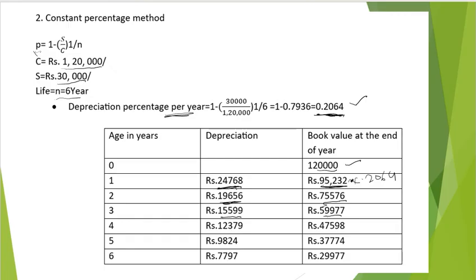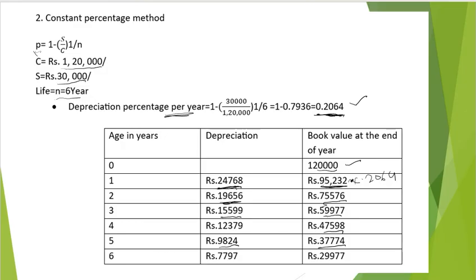So 59,977 minus 12,379 will be 47,598. Again, depreciation will be applied on 47,598 multiplied by 0.2064. It will be 9,824. So 47,598 minus 9,824 will be 37,774.